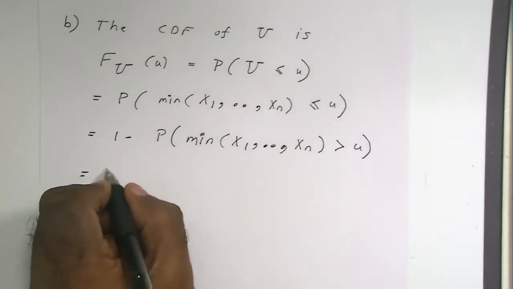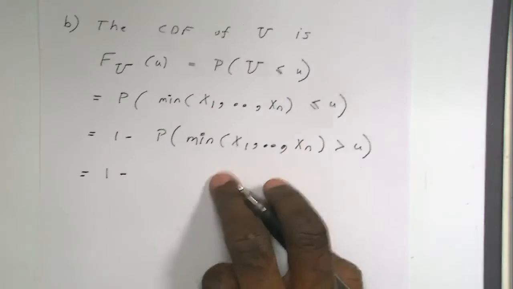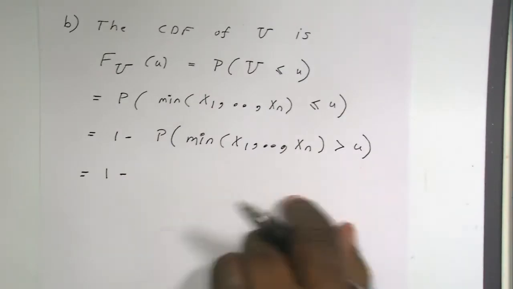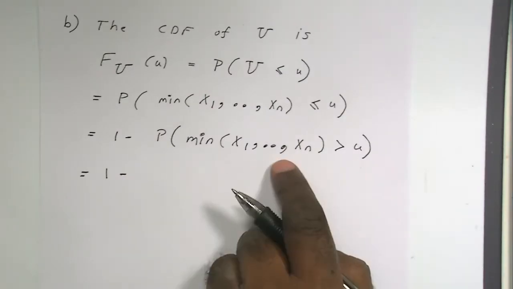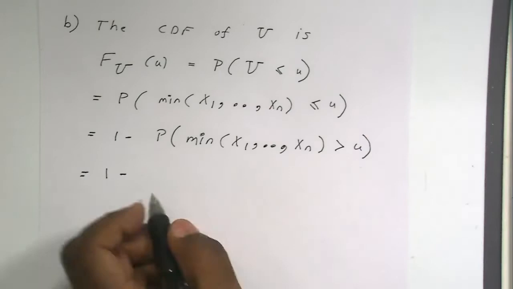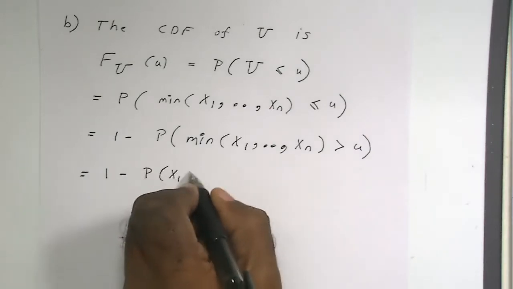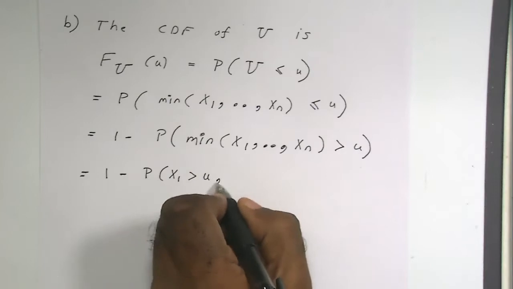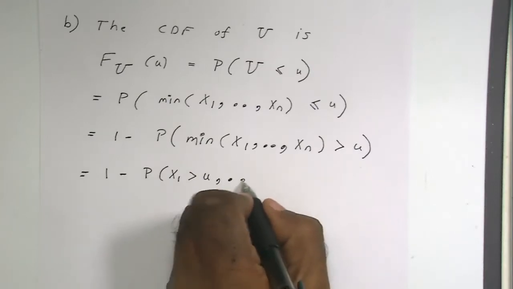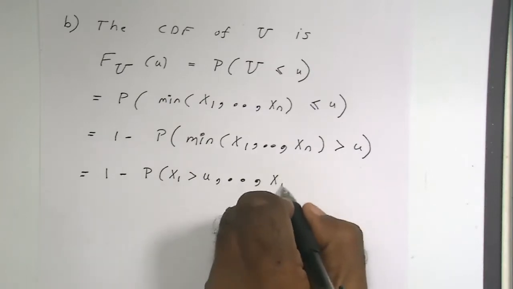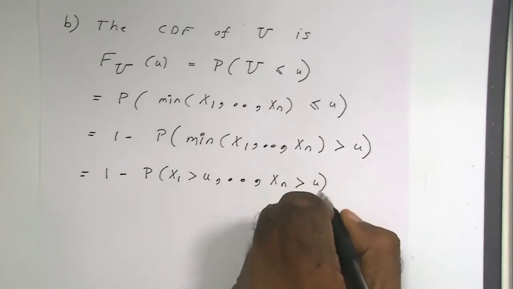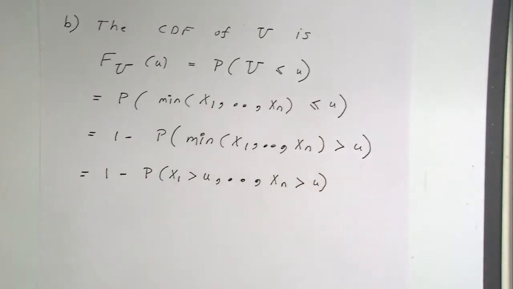And this you can write as, now let me ask you, if the minimum is greater than U, what can you say about each of these? Each has to be greater, right? So it's the same as saying this, okay? Is that clear, guys? Okay.